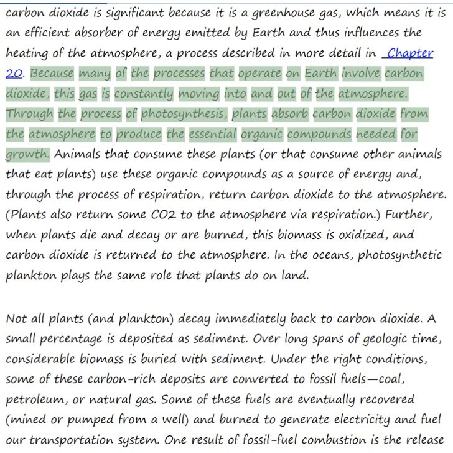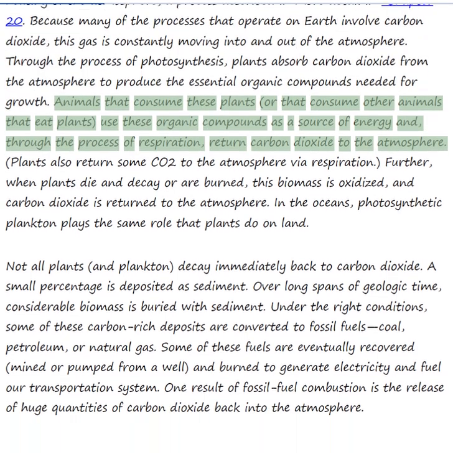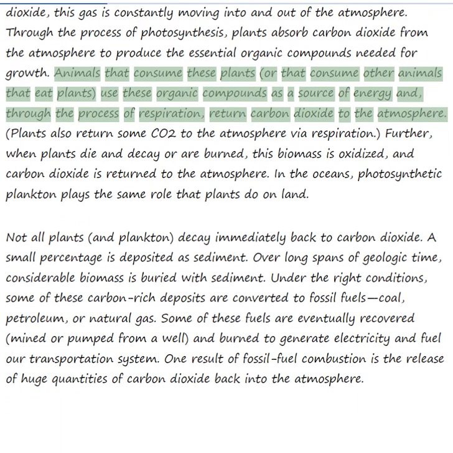Through the process of photosynthesis, plants absorb carbon dioxide from the atmosphere to produce the essential organic compounds needed for growth. Animals that consume these plants use these organic compounds as a source of energy and, through the process of respiration, return carbon dioxide to the atmosphere.